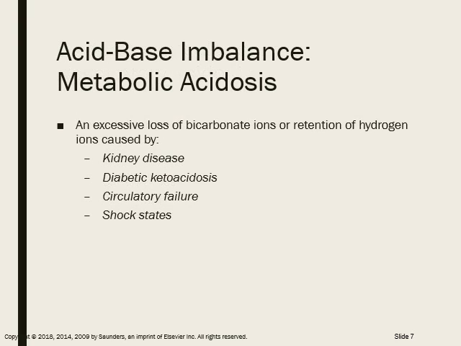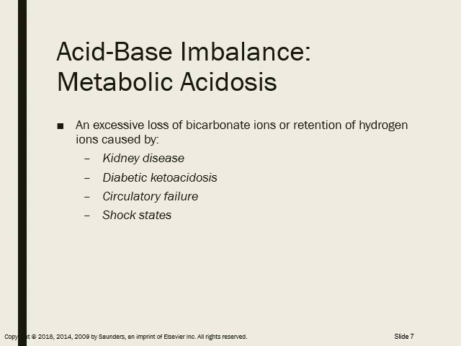An excessive loss of bicarbonate ions or an increased production or retention of hydrogen ions leads to metabolic acidosis. The loss of bicarbonate ions with diarrhea, for instance, is only one cause of metabolic acidosis.